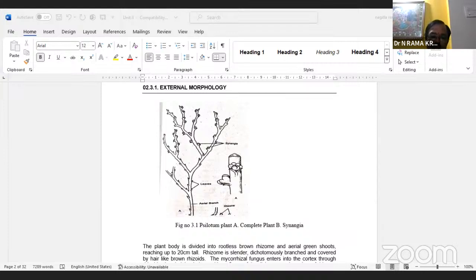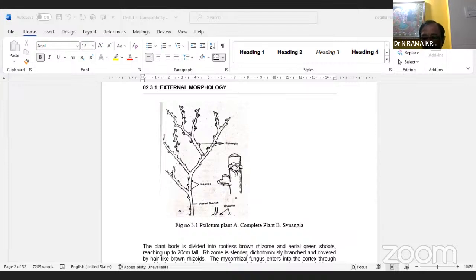One more topic is there, that is the seed habit. It is the development of two different spores, differing in size, structure and function, in the same plant: microspores, which develop into the male gametophyte, and megaspores, which develop into the female gametophyte.